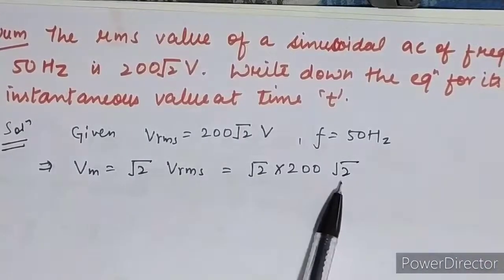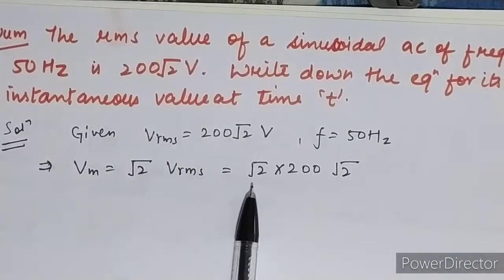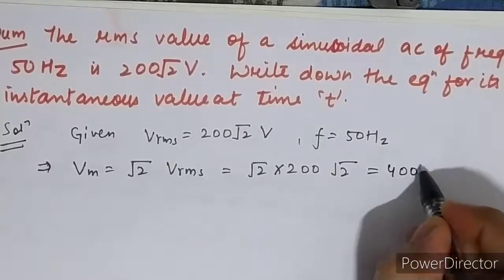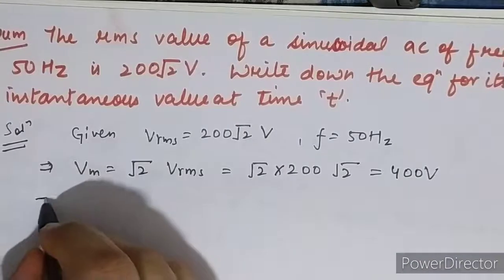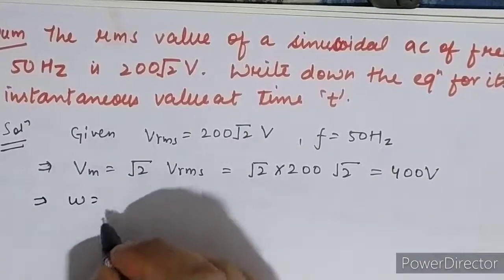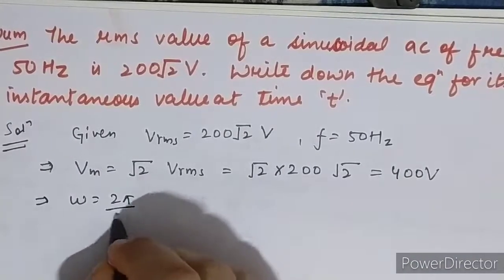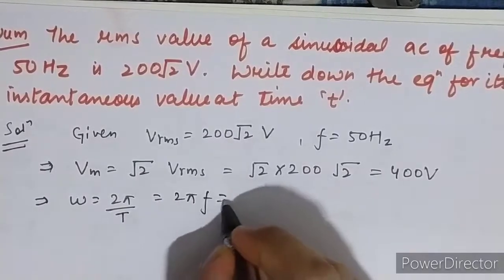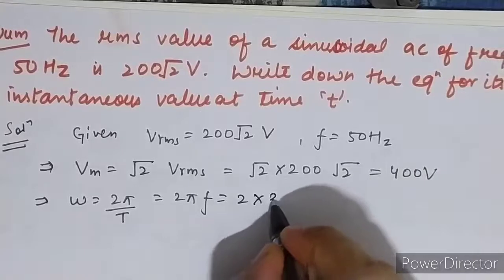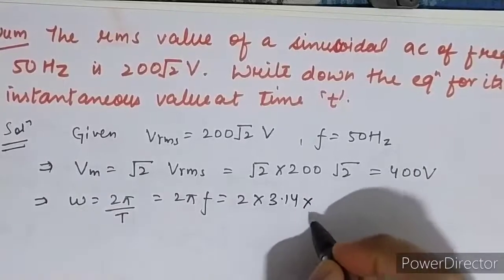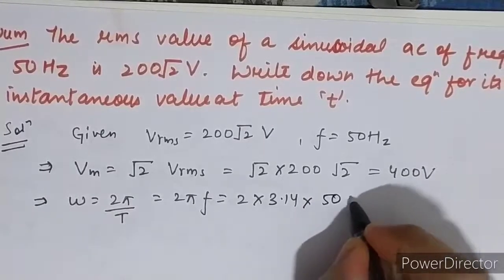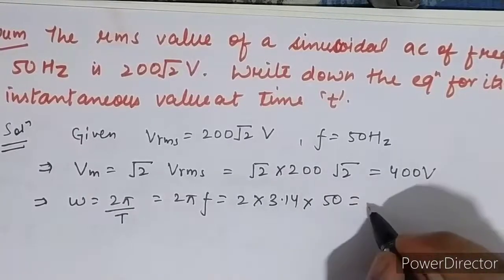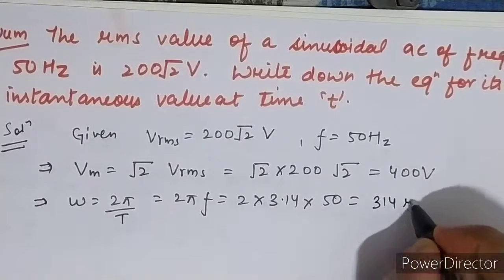Under root 2 into under root 2 becomes 2, and 2 into 200 is 400 volt. Now the angular frequency is 2 pi by T, and 1 upon T is the frequency, so 2 pi f. F you already have, so 2 into 3.14, the value of pi, and the frequency is 50. Solving it, you get 314 radian per second.